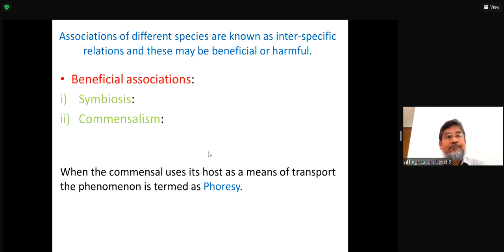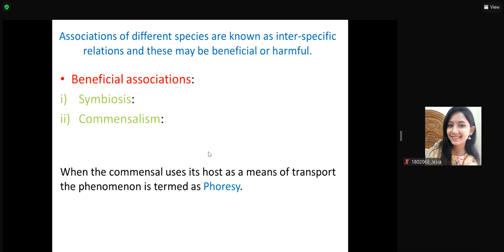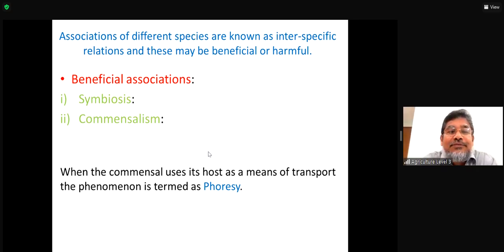Example, ant and aphid. Ant is an insect, aphid is an insect. They live in close association. They have a symbiotic relationship. What is a symbiotic relationship? One helps the other. The aphid produces honeydew.